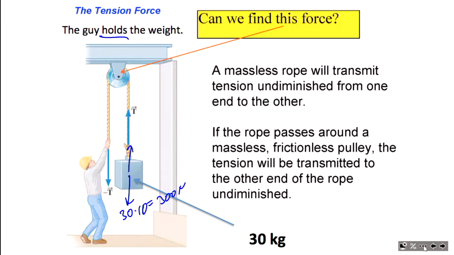But because it's at rest, the force of tension also should have the same magnitude, 300 newtons. But because it's an ideal, massless, not stretchable string, the same magnitude should act inside this rope everywhere, which means here and here. 300 newtons here, 300 newtons here.